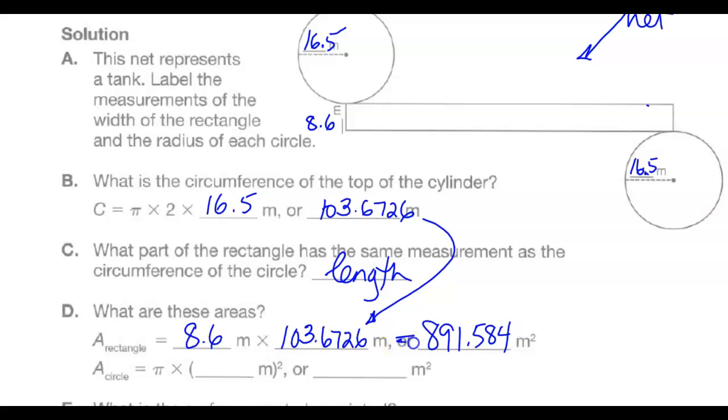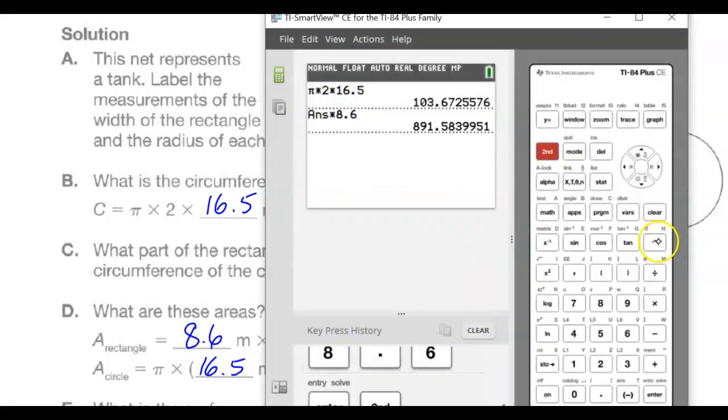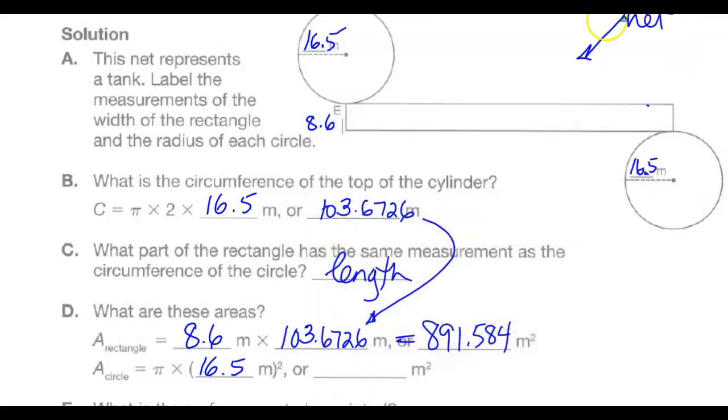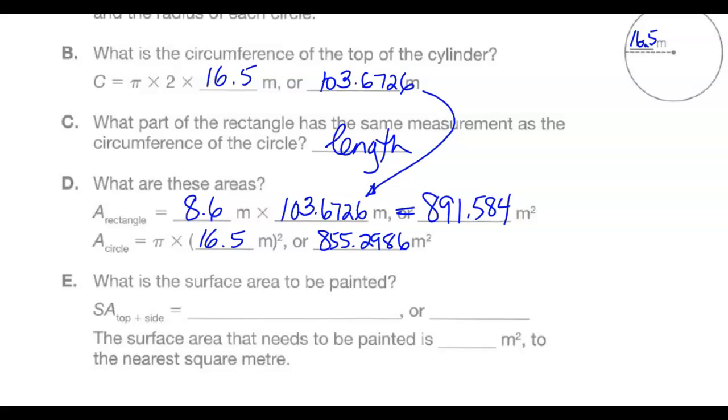Okay, this should be really equal, so that's what distracted me. The circle is pi times 16.5 squared. Okay, so pi times 16.5 squared. 855.2986. Okay, what is the surface area to be painted?